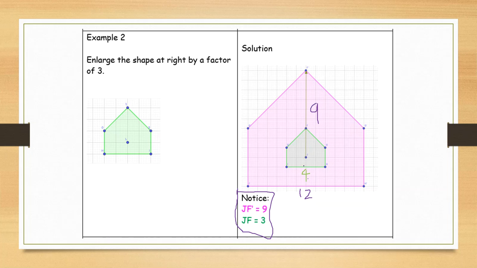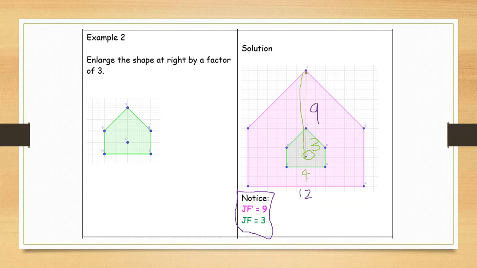And JF equals 3, so here to here is 3. 3 3s are 9, so our scale factor is 3, and we've enlarged the shape. So to do that, see this line here, if we draw a line from J out to F and extend it, we can measure 3 here and 9 for the total.